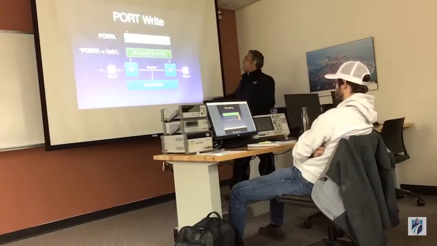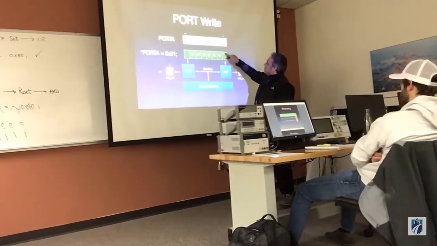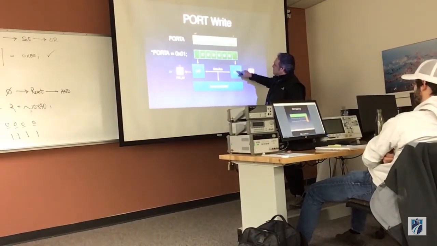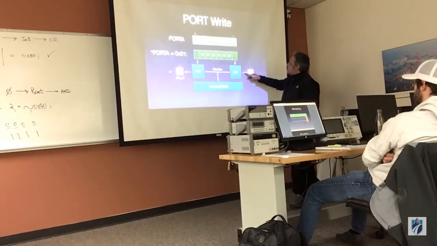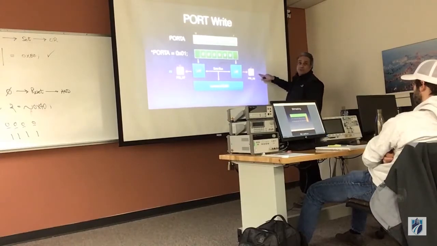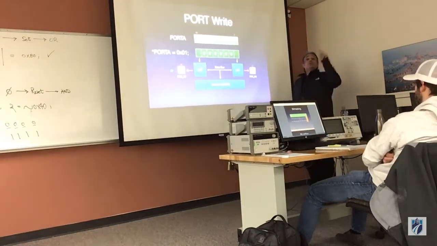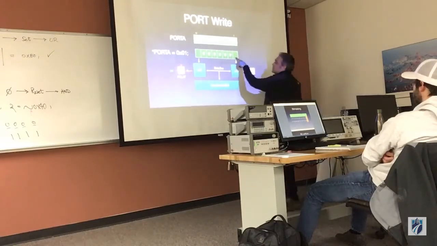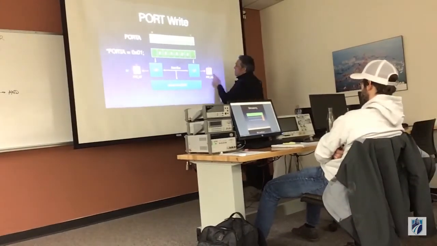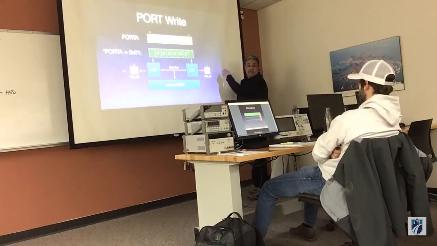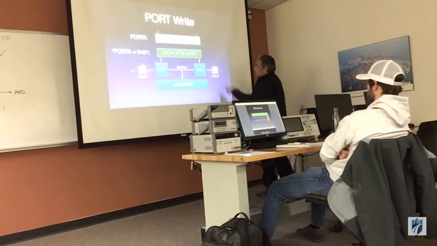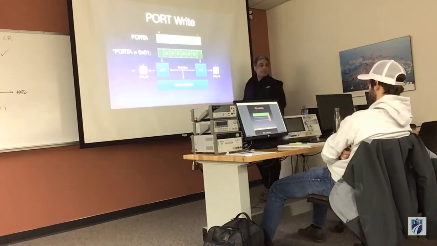The same thing is happening with this 1. When the 1 reaches the latch, the latch will actually bypass that and send 5 volts to the corresponding pin. So your logical one became 5 volts in the outside world.